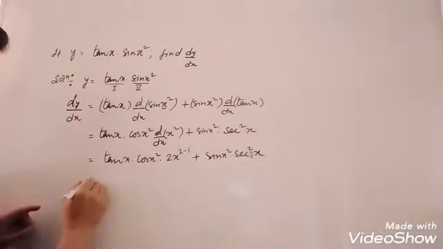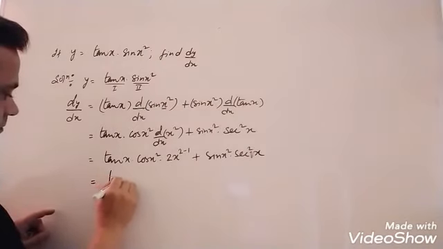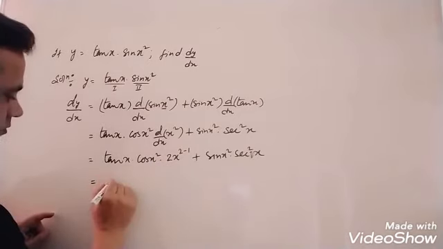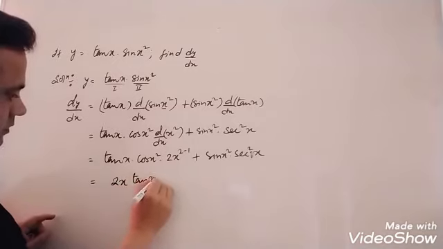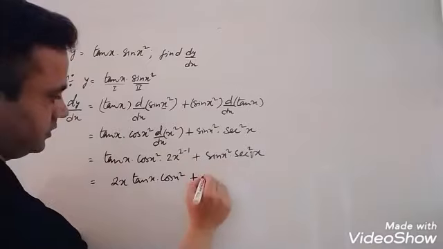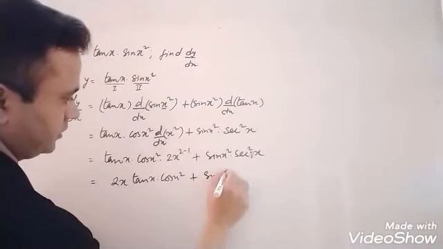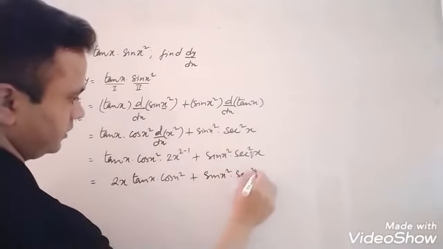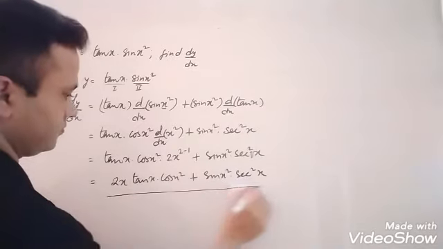So this equals tan x, this is 2x. 2x tan x into cos x square plus sin x square into sec square x. This is the answer.